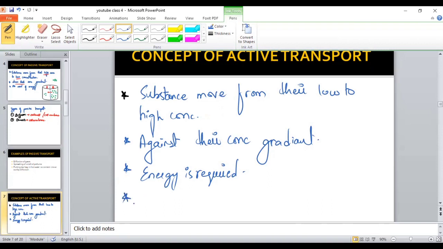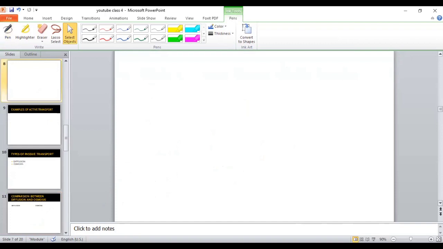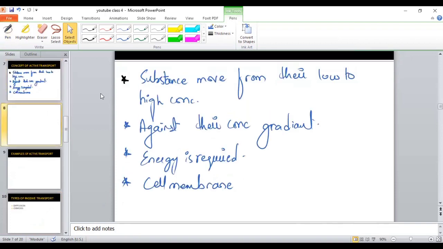So it means cell membrane is also required here, because cell membrane has some special types of proteins which operate by energy, and they change their shape, and they support active transport. Okay. Cell membrane is required all the time.